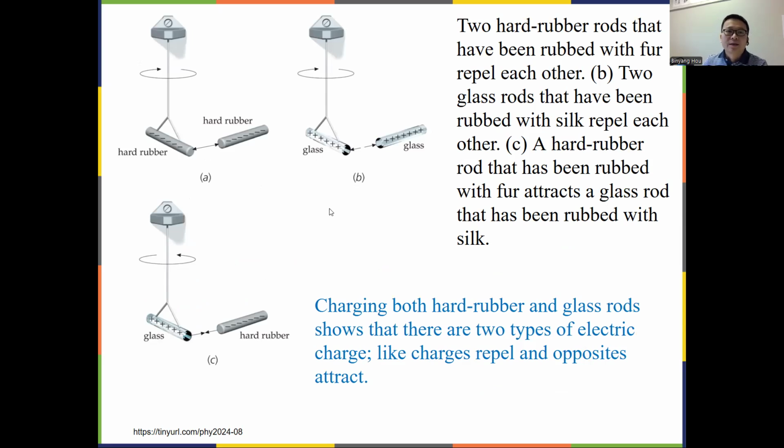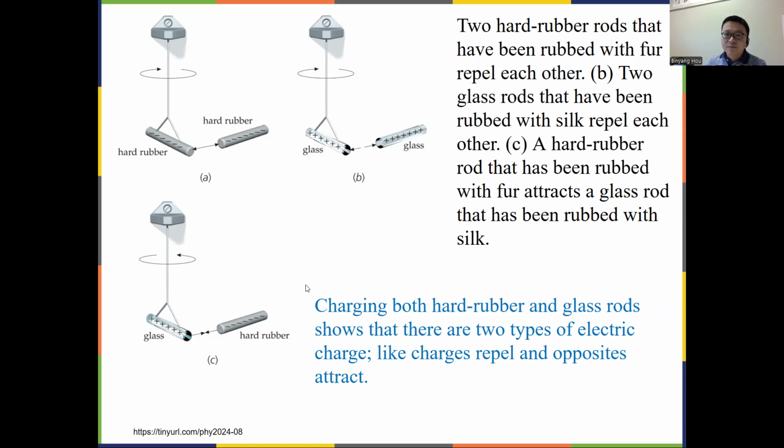Because there are charges around, if you have the same charges, positive and positive, or negative and negative, they will repel each other. Because they are like charges, they repel each other. If you have opposite charges, positive and negative, they will attract each other.